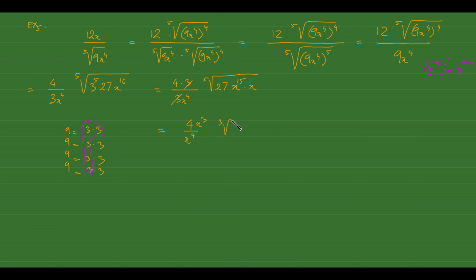So what you have left is the fifth root of 27x, right? And x to the 3rd you simplify with x to the 4, so it will be x at the bottom. So you have 4 times the fifth root of 27x over x. So this is your final answer.